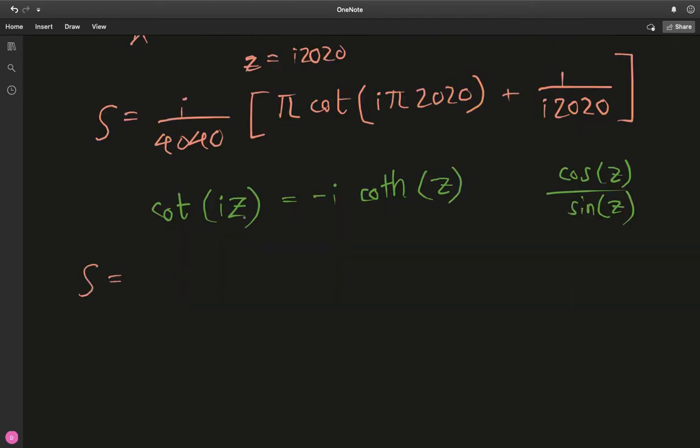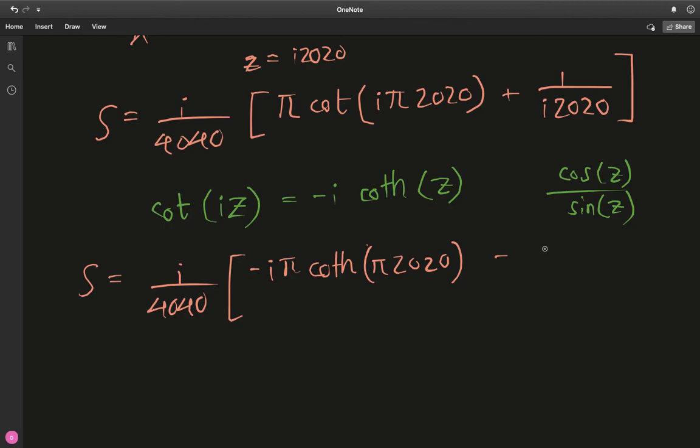So now let's implement this formula in the green. So we have i over 40 times negative i pi by this formula of the hyperbolic cotangent of, now we just ignore the i that was inside, z was pi times 2020, so pi times 2020, and 1 over i is negative i over 2020.